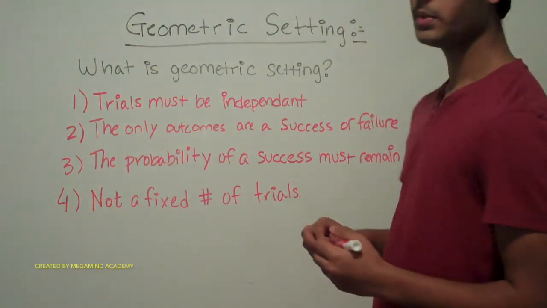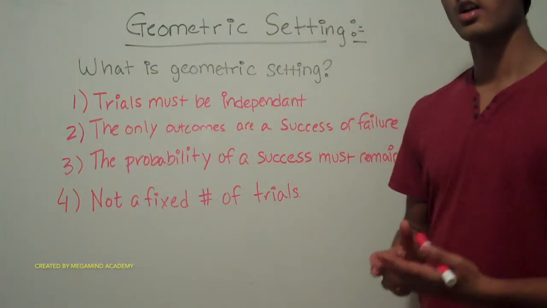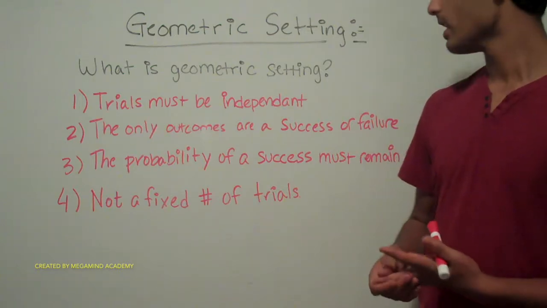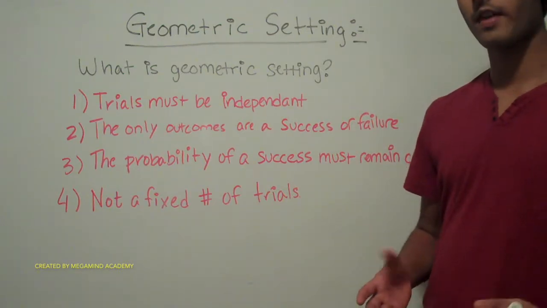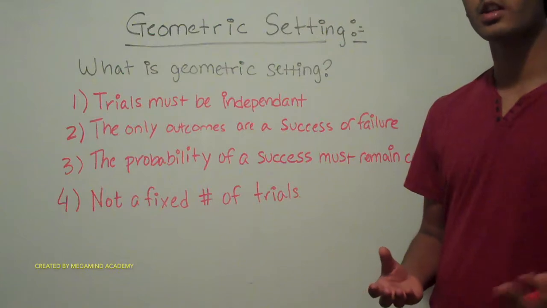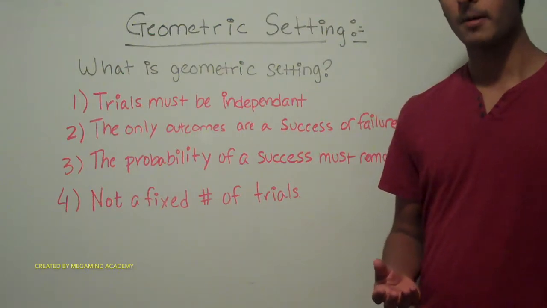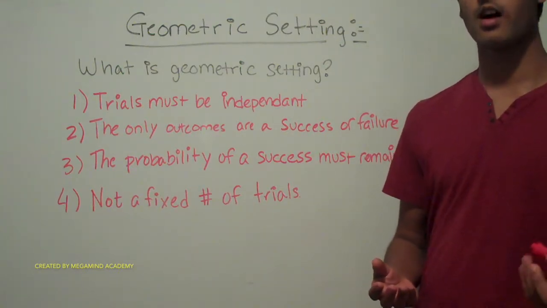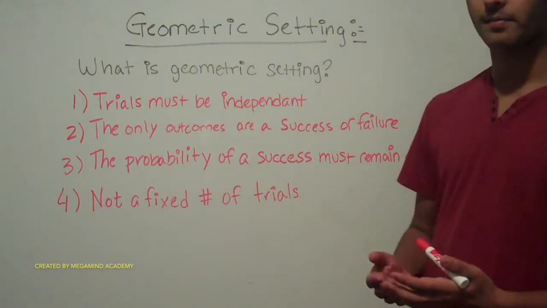Okay, so why do we not have a fixed number of trials? Well, to figure this out, let's figure out what we want to find with a geometric variable. With a geometric variable, we're trying to find the probability that your first success comes on some value y.